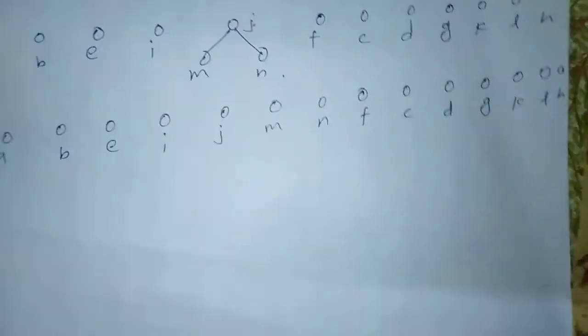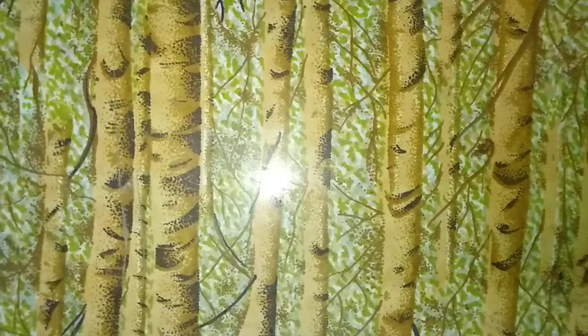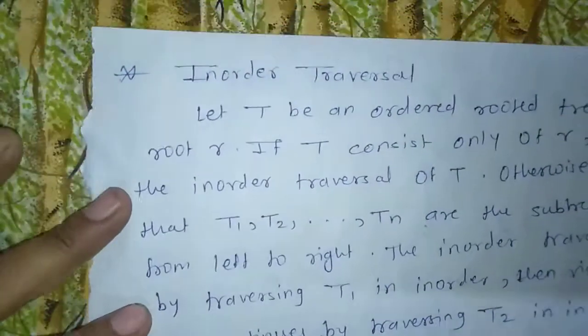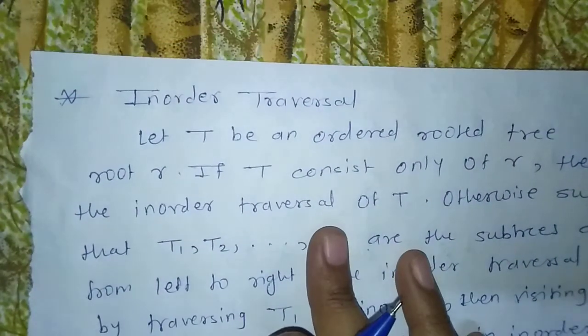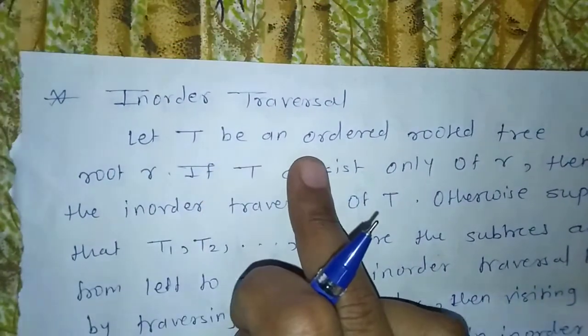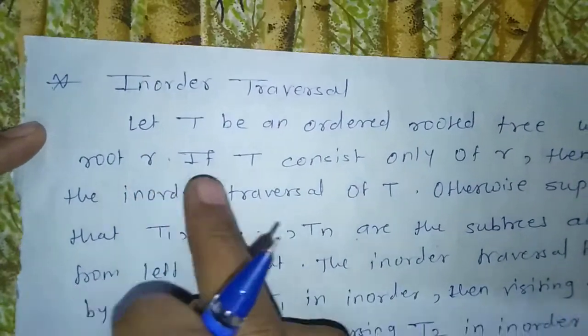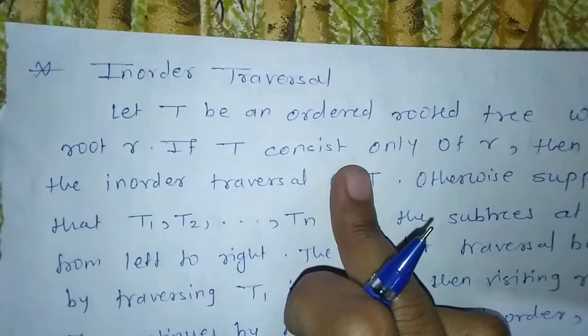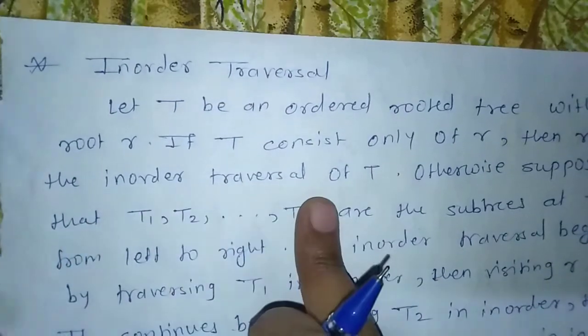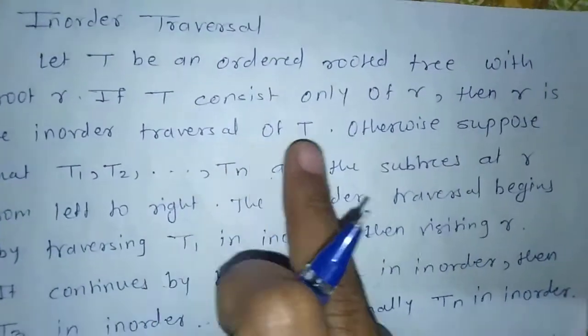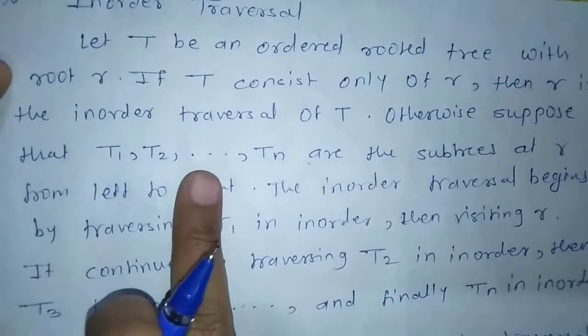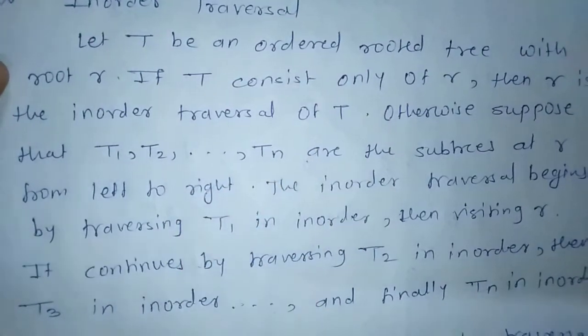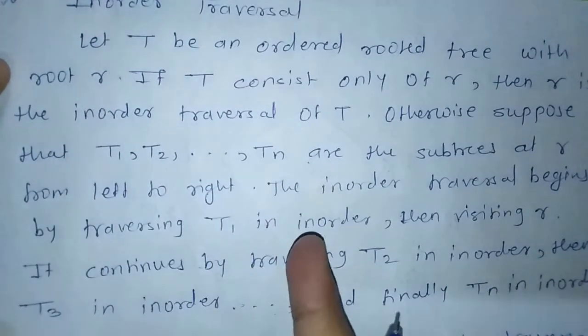Okay. Now, next point, inorder traversal. Inorder traversal means let T be an ordered rooted tree with root R. If T consists only of R, then R is the inorder traversal of T. Otherwise, suppose that T1, T2 and so on Tn are the subtrees at R from left to right.